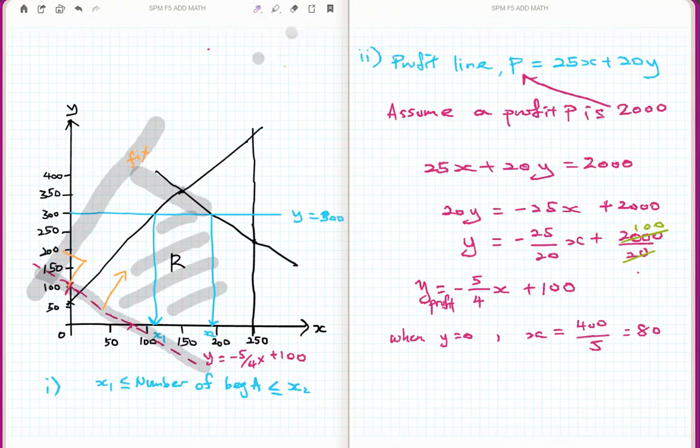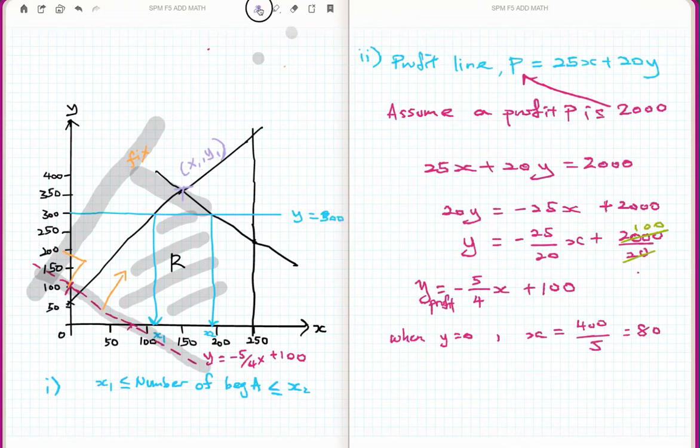This graph is not up to scale, so you can't really see it. You push this ruler up until you find a point that represents the number of black A and black B. This is the x1 and y1 coordinate. And this will be the number to get a maximum profit.